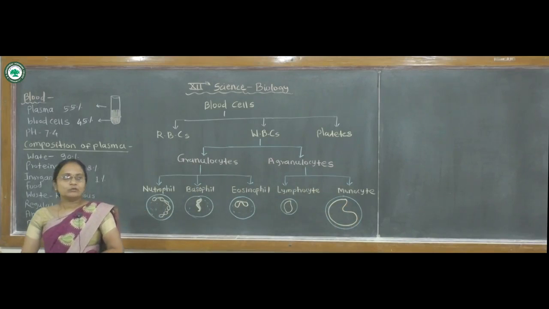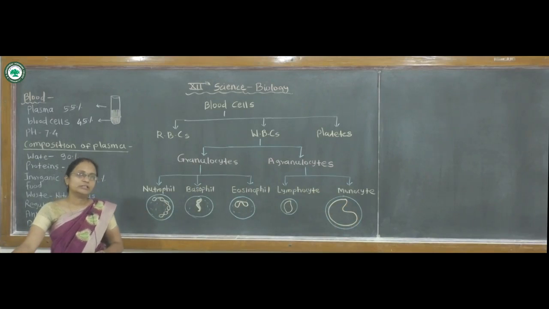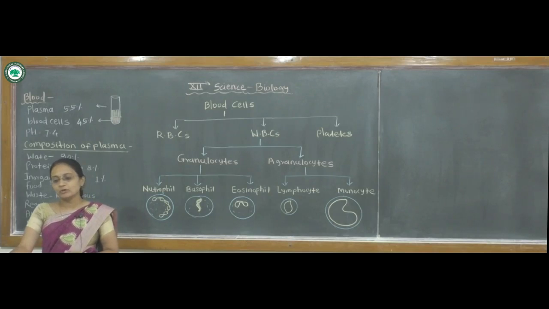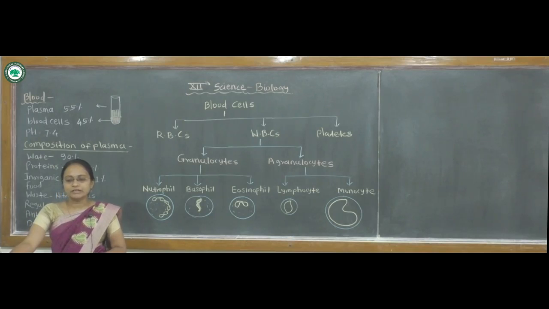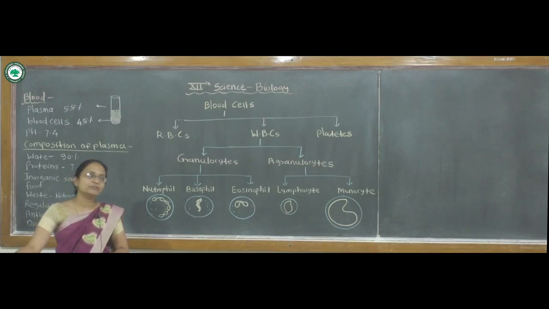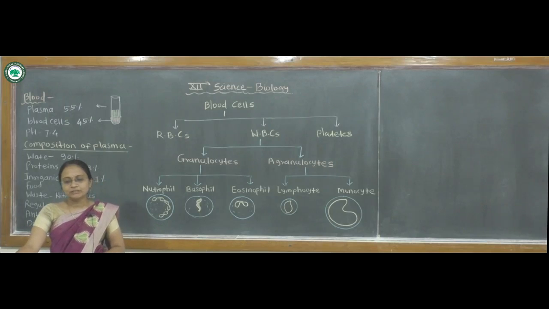Out of the total WBC count, 3 to 5% may be observed. These monocytes are actively motile and they give rise to macrophages. They are mainly phagocytic in function. They destroy bacteria, dead or damaged tissue by the process of phagocytosis.